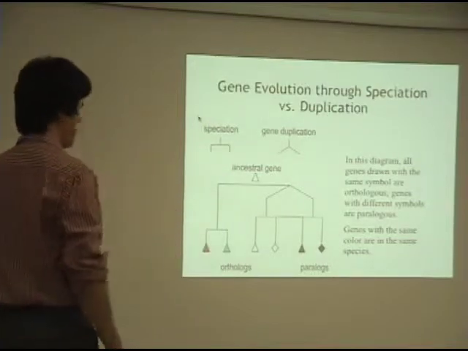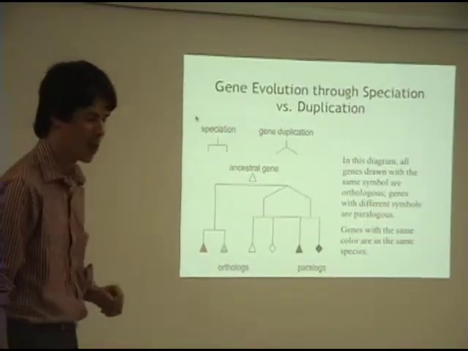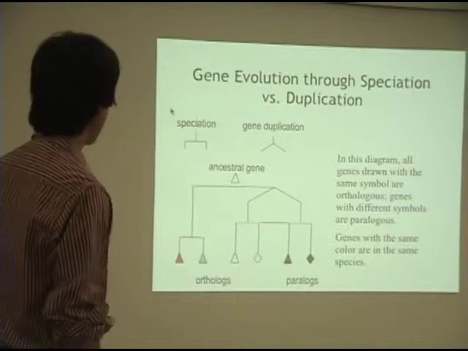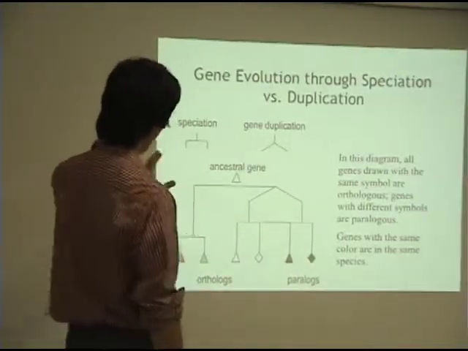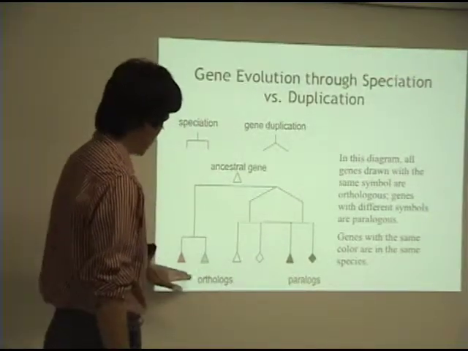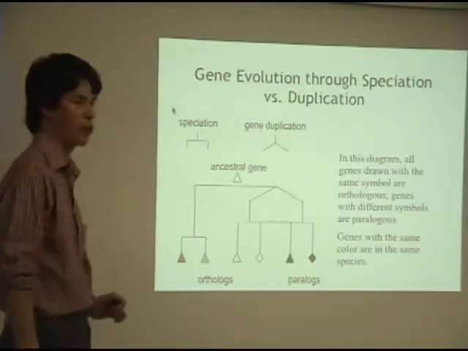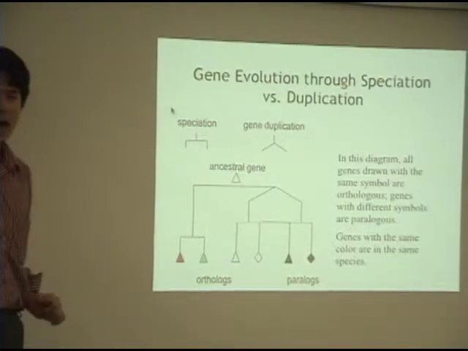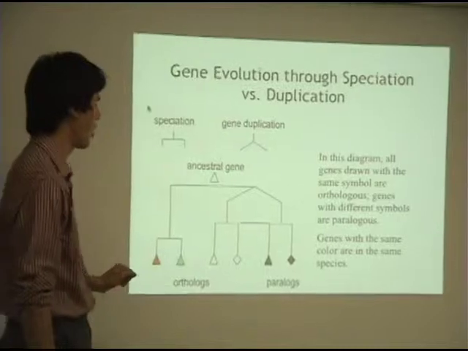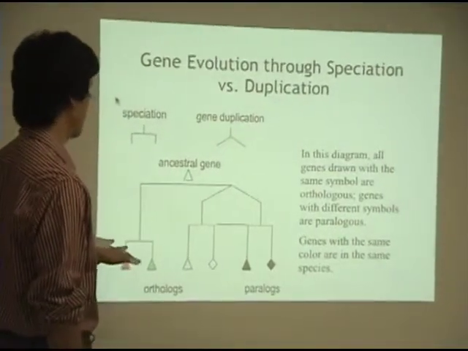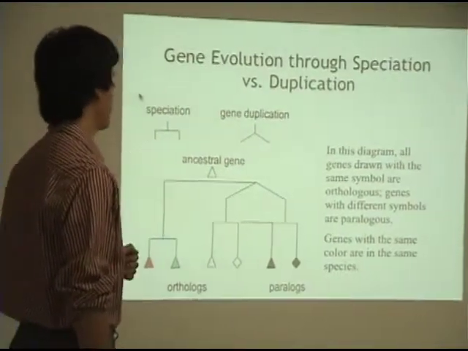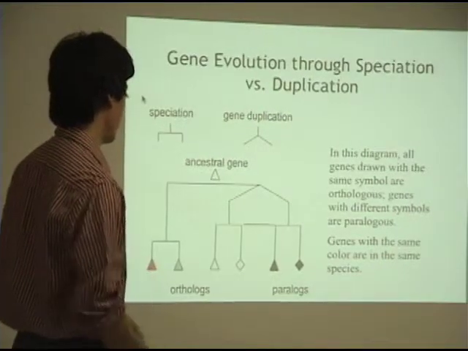So let's look at a simple example of how we could solve this problem computationally in the last few minutes here. So what I'm going to draw here is a tree structure showing how orthologs and paralogs would be defined for an example evolutionary tree.